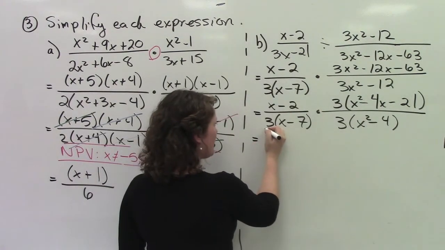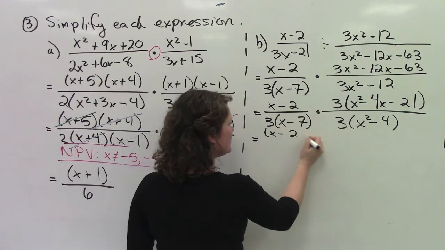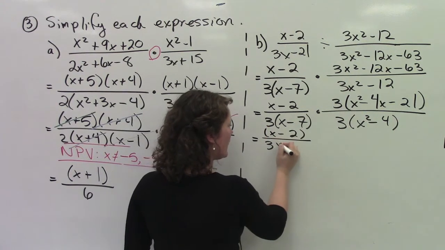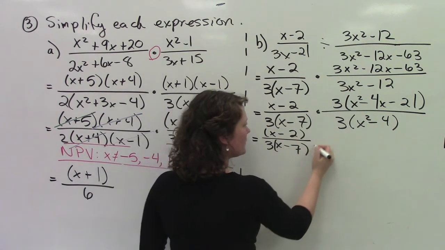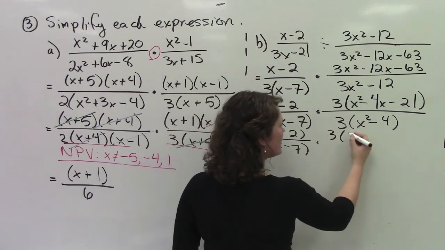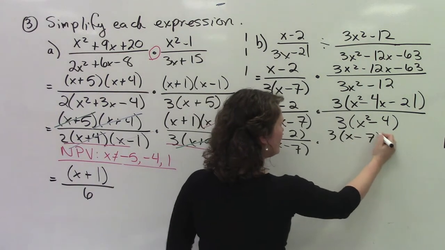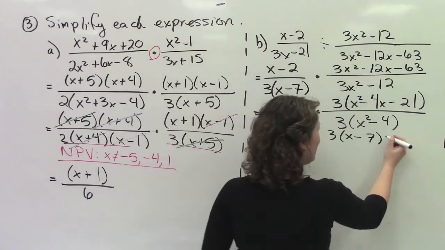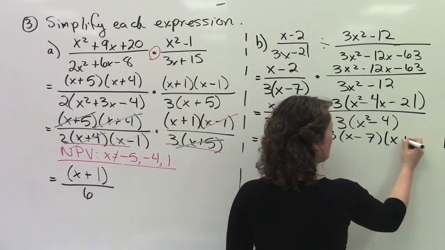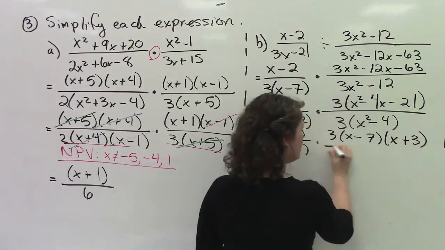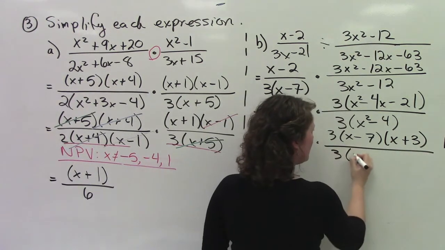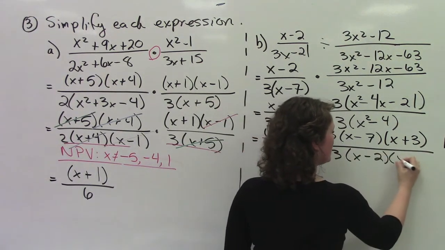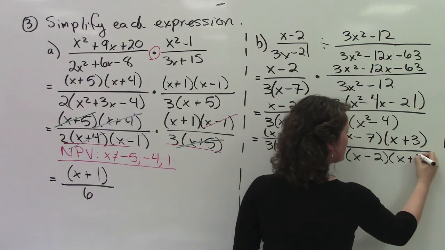Next up, x minus 2 over 3x minus 7 times 3 times x minus 7. x minus 7, woo! Okay, and then x plus 3, x minus 2, x plus 2.